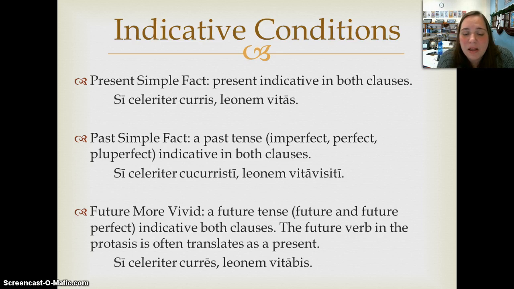Notice that curres, of course, is future, but it sounds better to translate it as a present when you're translating the future more vivid. If you run quickly, you will avoid the lion, as opposed to if you will run quickly, you will avoid the lion. Either way is technically correct, but it just sounds better when you translate the future verb in the protasis as a present.